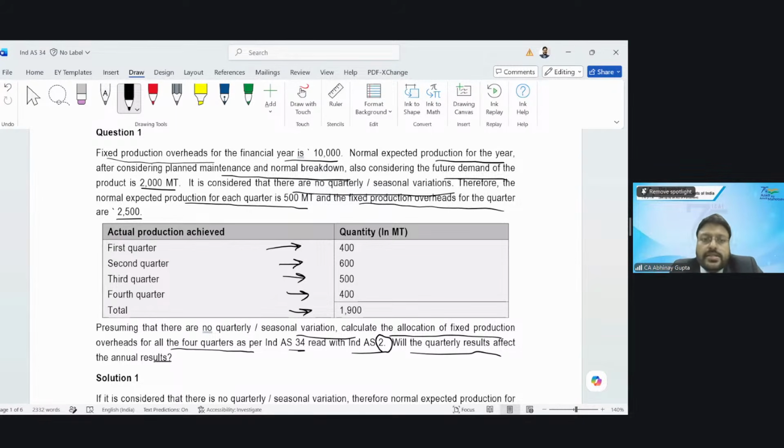So are you trying this quickly? I can wait for a few minutes if you want to try. Very small and straightforward question. Simple. A little bit of calculation is there.